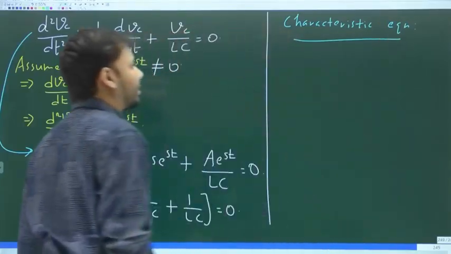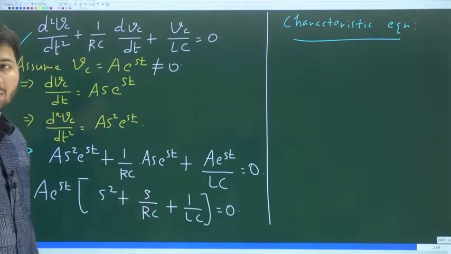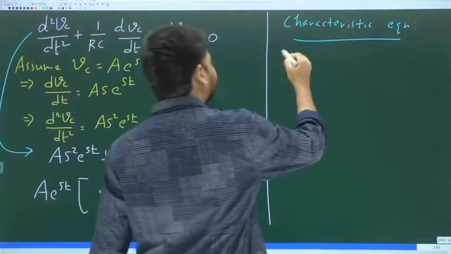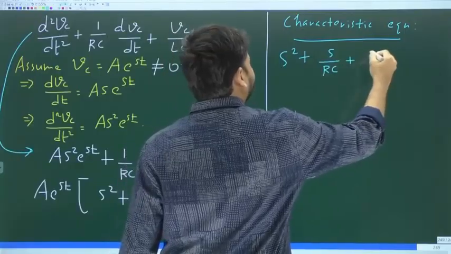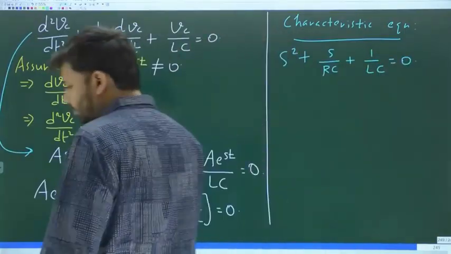What is the characteristic equation? s square plus s by RC plus 1 by LC equal to 0.